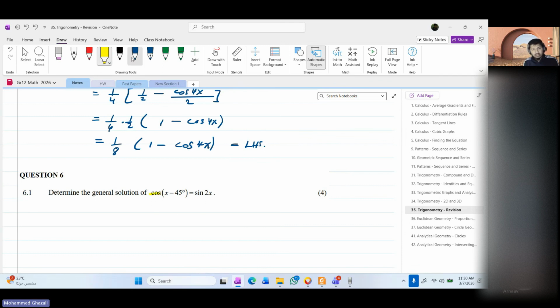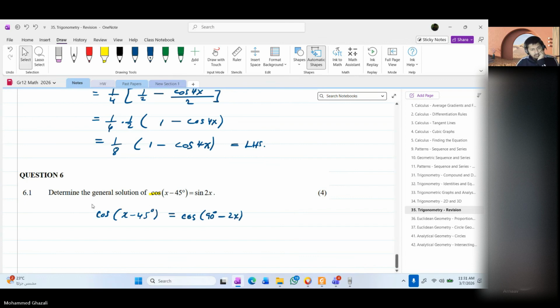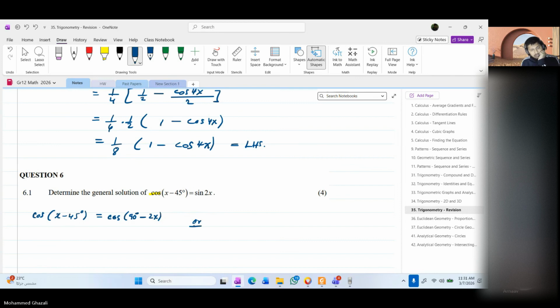We need to change the sine into a cos. So we got cos of 90 minus. So now we know that we can drop off the cos on both sides and then solve.